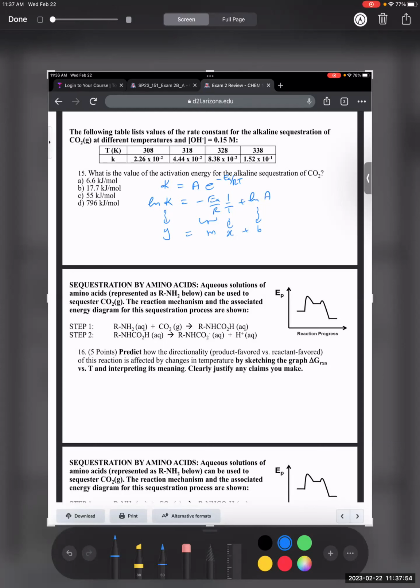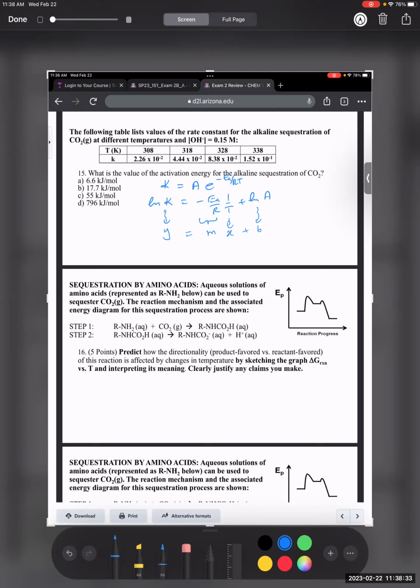And then the rate constant values are 2.26 times 10 to the power of minus 2, then 4.44 times 10 to the power of minus 2, and at 328, that is going to be 8.38 times 10 to the power of minus 2.